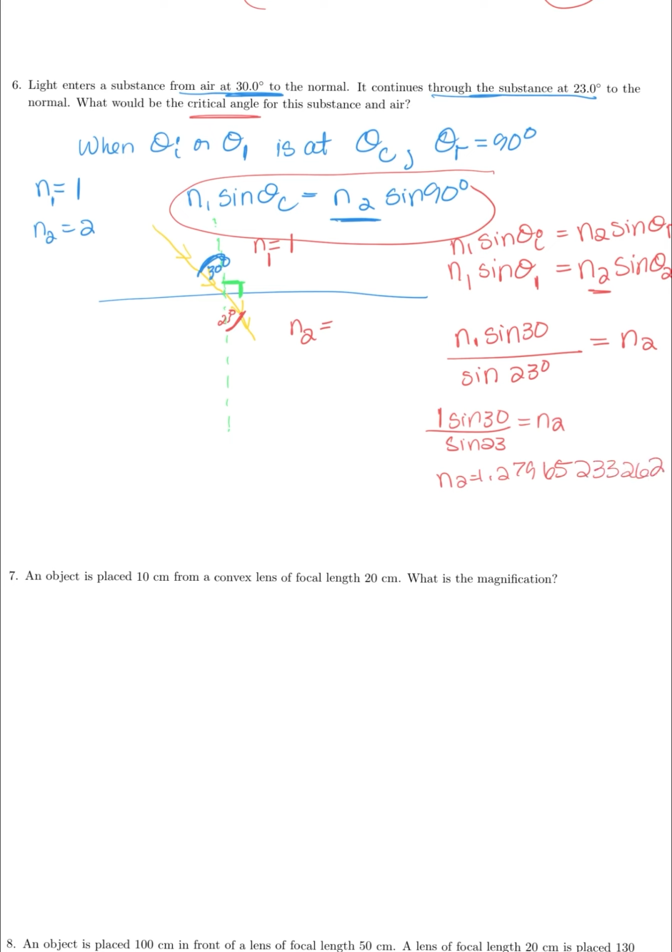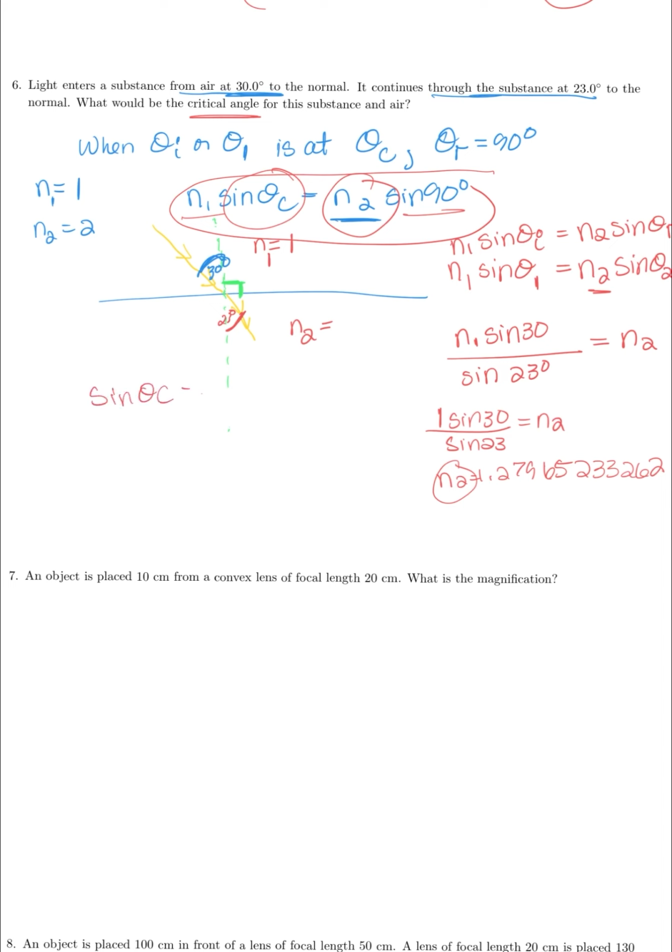All right, so now we have N2, and we can plug that in right here, because now we can find the sine of theta c. N1 is 1, and we don't really need to do anything with that. Let's do it symbolically first so it makes more sense.